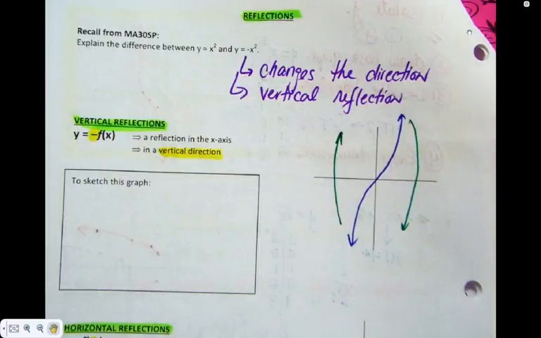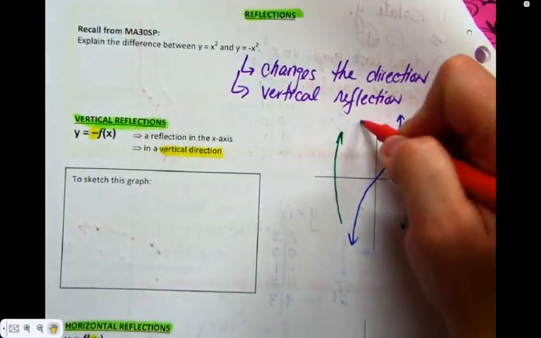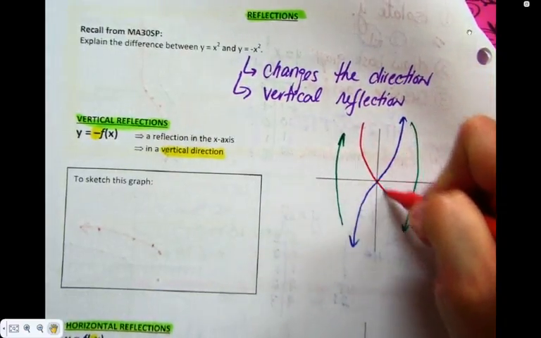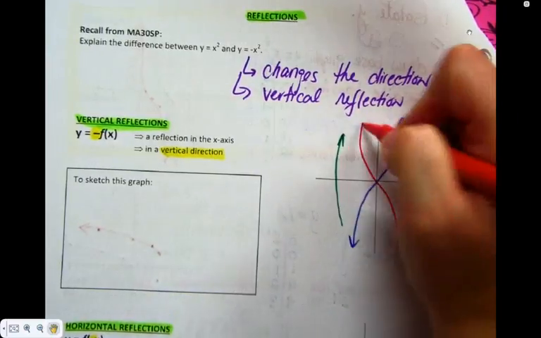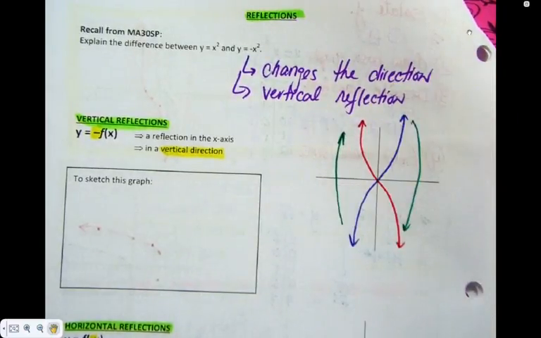Grab your red pen, or grab one from my bucket if you didn't have one. Bless you. Bless you again. If we flip this vertically, it's going to start up in quadrant 2, snake through the origin, and go down into quadrant 4. There's your first reflection of a cubic graph.